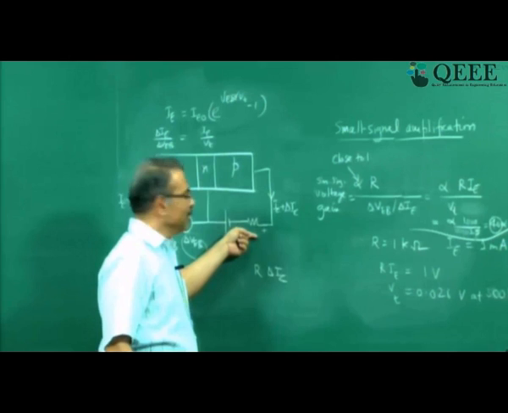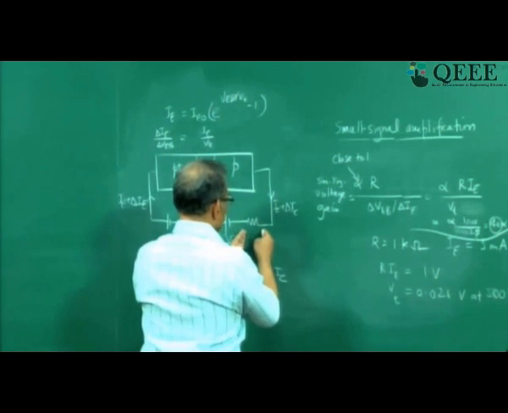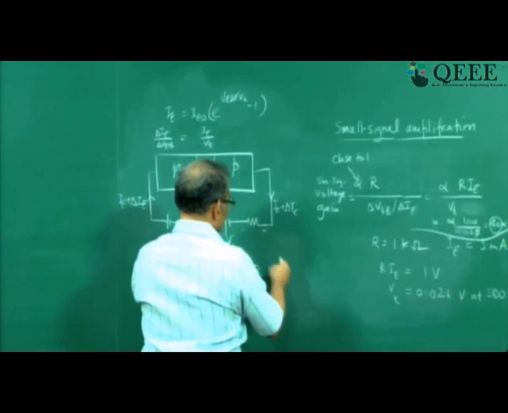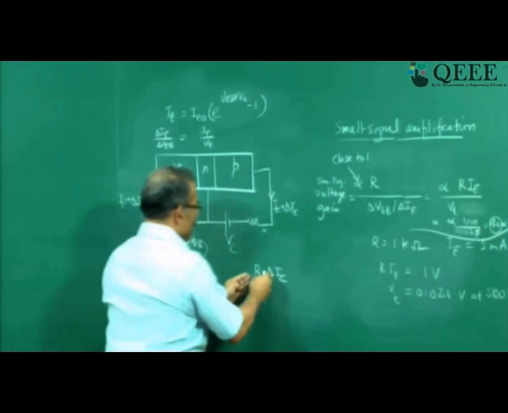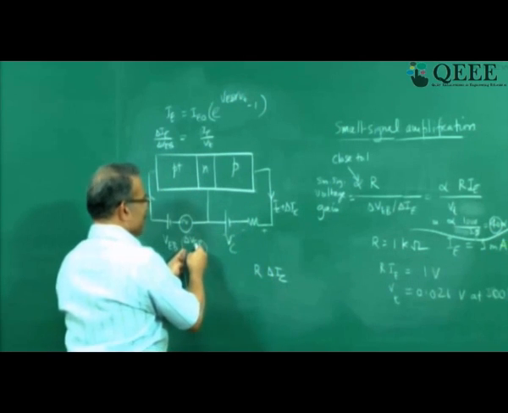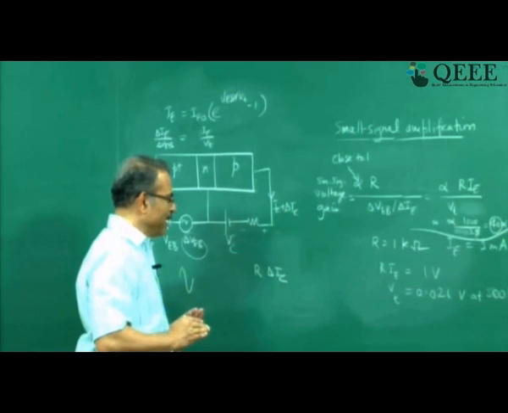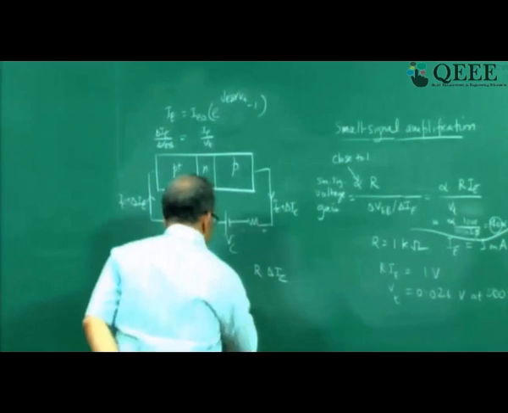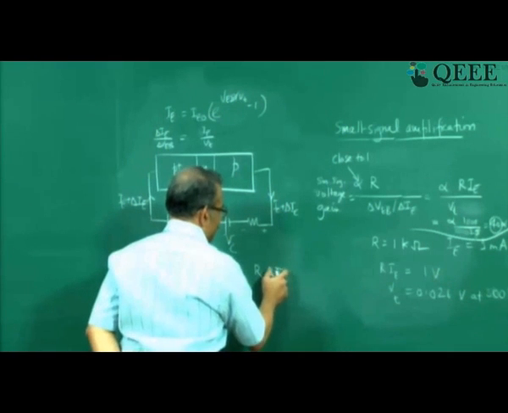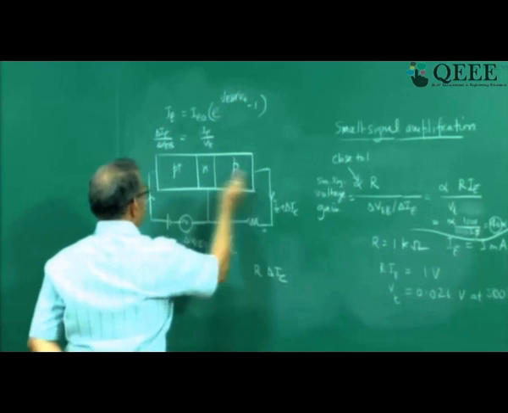So I must compare R into delta IC, that is my output voltage. I am taking the output from here, and I should compare it with delta VEB. The ratio of R into delta IC by delta VEB is the voltage gain. Now what is delta IC? Delta IC is nothing but alpha times delta IE, because IC is obtained from IE.